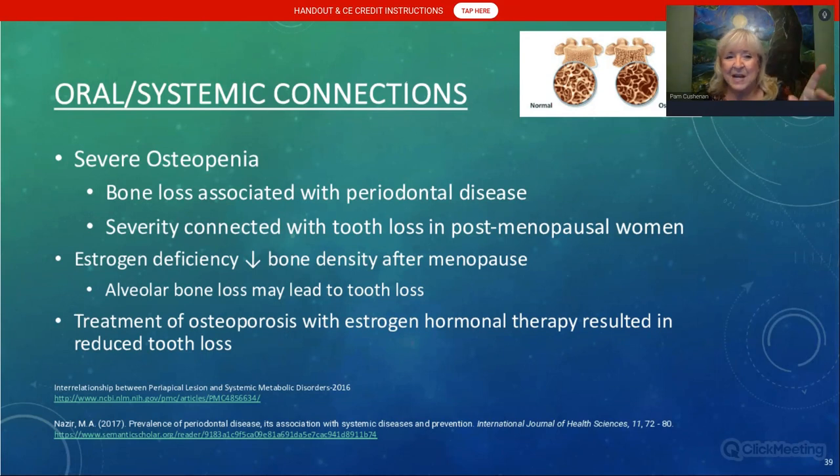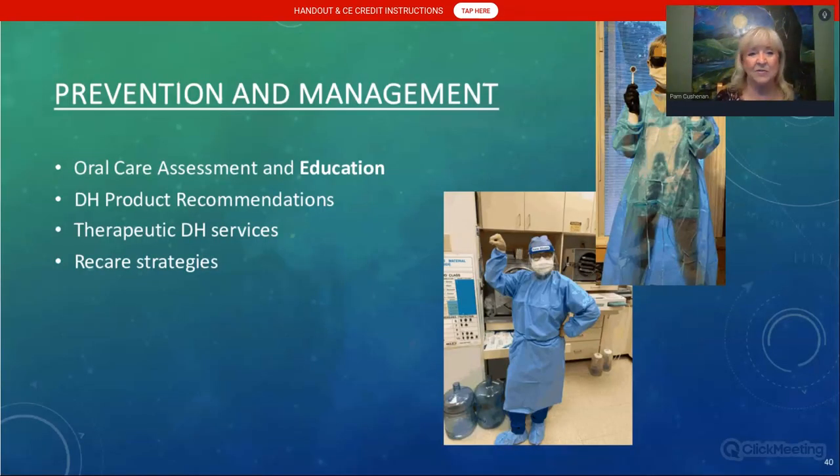Just as a side note, mostly it's postmenopausal women that are affected by it, and an estrogen deficiency can actually be the culprit also. So we want to look at estrogen treatments to help improve that situation for postmenopausal women.